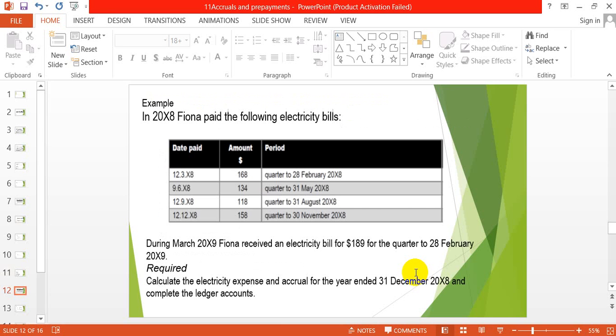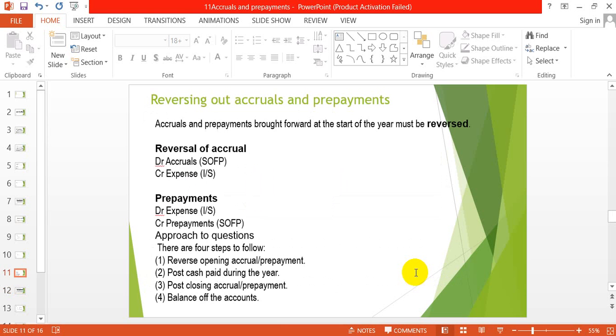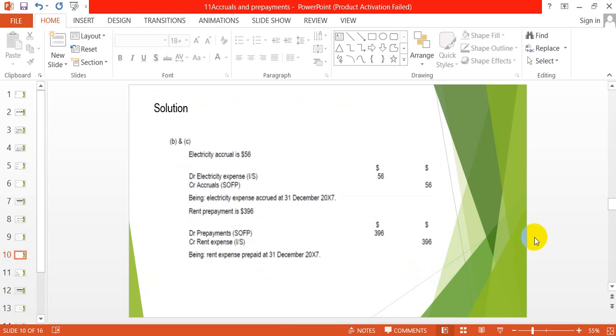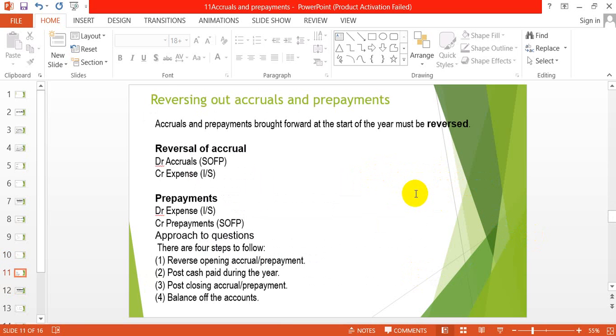So let's demonstrate in the Fiona question again. We are now in 20x8 and Fiona paid the following electricity bills. Remember, there was an accrual of 56, that 56 which was accrued in 20x7.